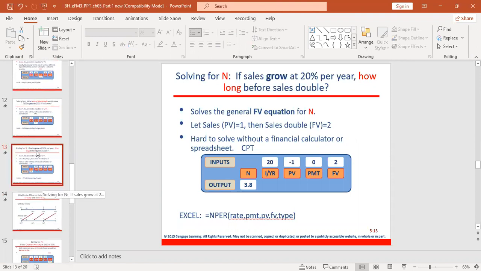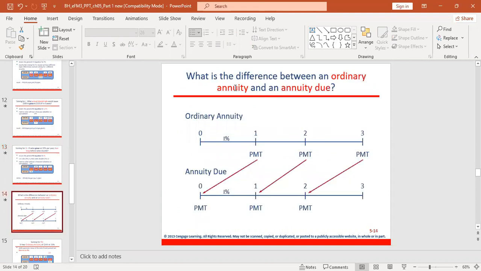Okay, now we are moving to another section: annuity. This one is another type of problem. What is the difference between an ordinary annuity and an annuity due? Take a look at these two timelines. In an ordinary annuity, payment is made at the end of the year.